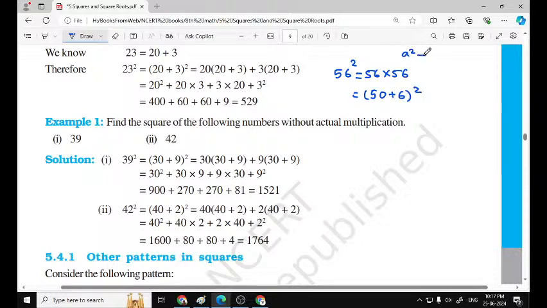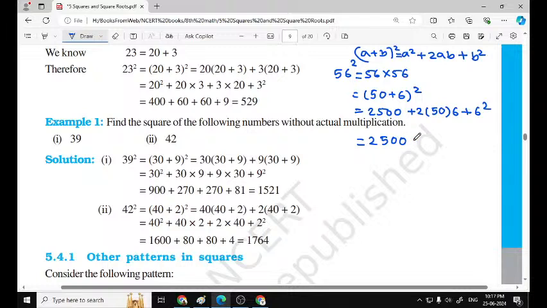As we have the identity, (a plus b) whole square is a square plus 2ab plus b square. So 50 square is 2500, plus 2 into 50 into 6, plus 6 square. So this is 2500 plus 600 plus 36, 2500 plus 636, and this is 3136.